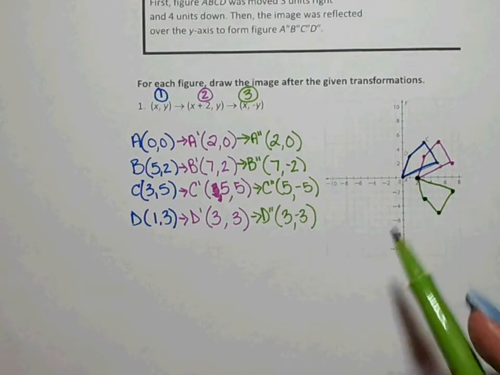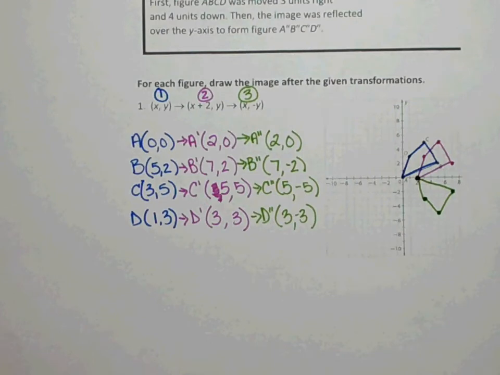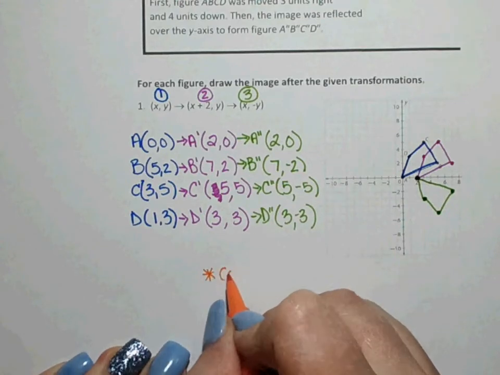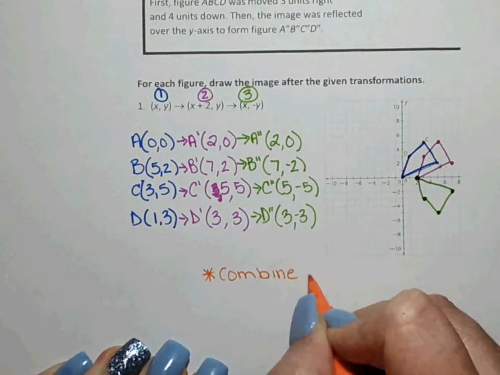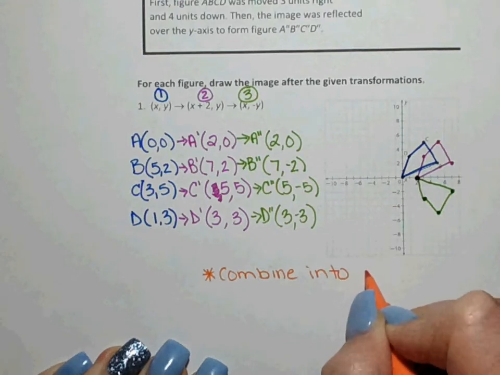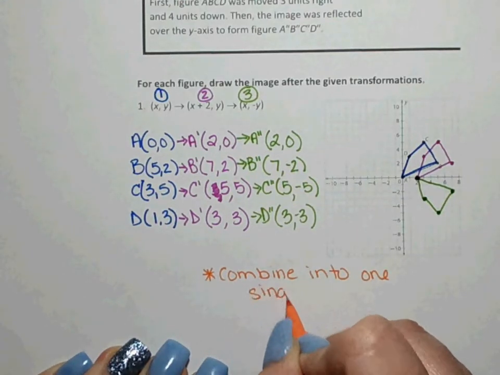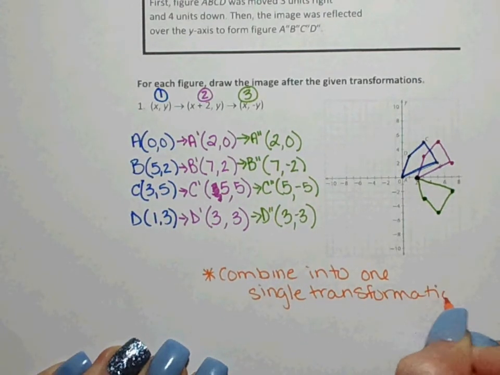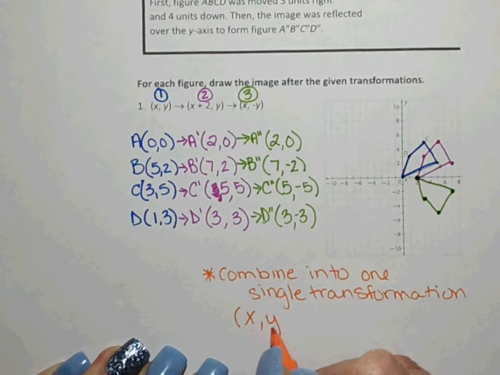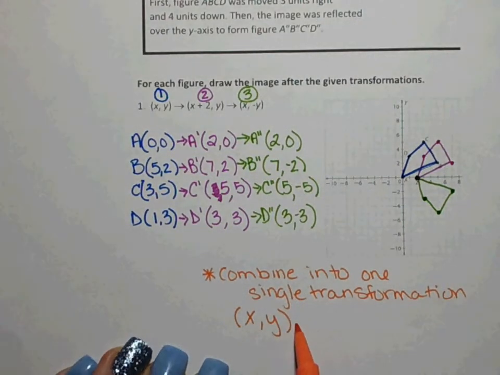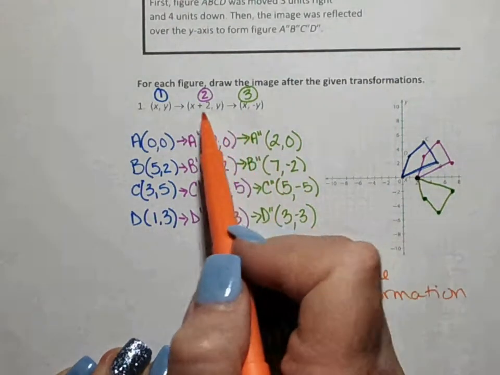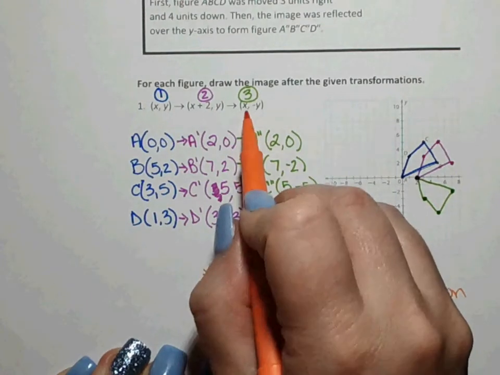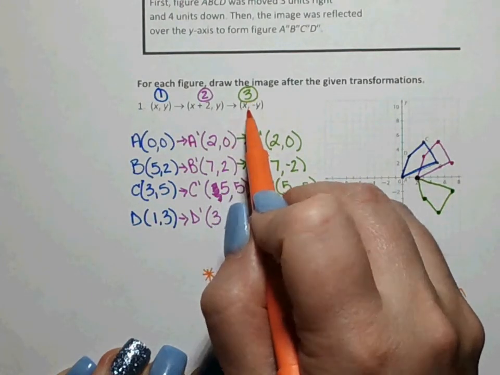Alright, so we could have actually done this in one transformation. So if I was to combine this into one single transformation, I would have started with my original X and Y points, whatever those are, and those would transform into, well, here for the first one we did X plus 2, and we just write X plus 2 because we didn't change anything here to go to our third one.